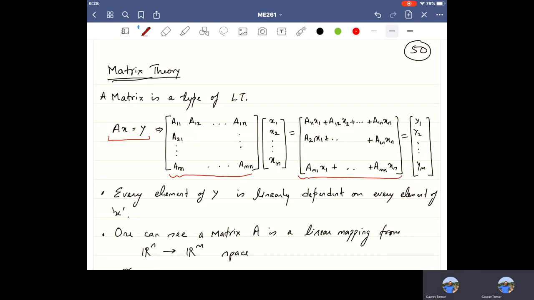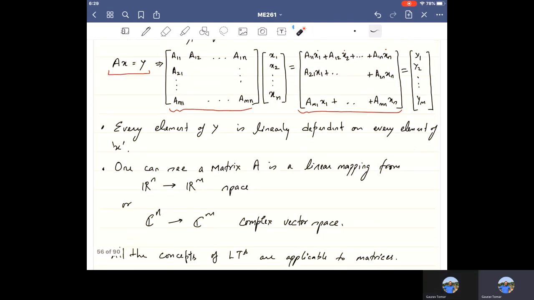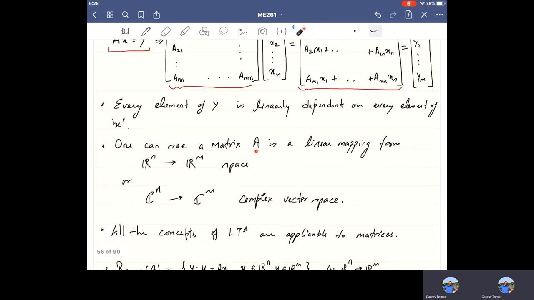So y1 depends linearly on x1, x2 till xn. And y2 depends linearly on x1, x2 till xn. So all of them depend linearly on x1 to xn. And this relation is given by this matrix equation. So one can see A as a linear mapping from R^n space to R^m space, or complex n space to complex m space.